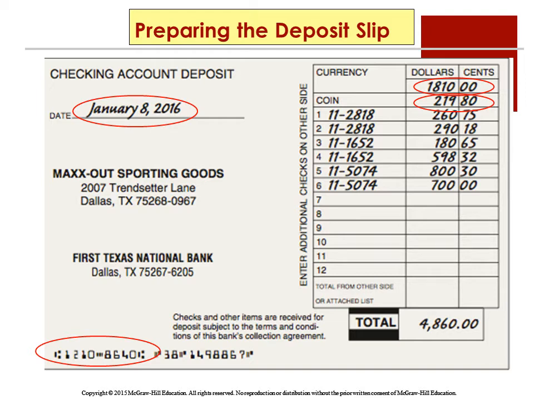This way, when you're working on your bank reconciliation, which we will talk about in a second, it'll make sense and it'll be easier for you to find discrepancies. Notice you want to have the date on there so that again it can match your books, and finally the account number on there so that you know which account it's being deposited to.